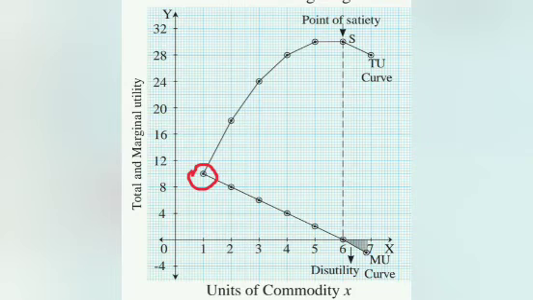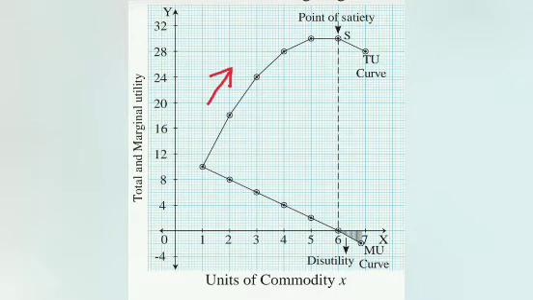That means at the initial stage, total utility and marginal utility are equal, TU is equal to MU. This is the first stage. Second, as the consumer consumes further units of X, the total utility increases at a diminishing rate and marginal utility goes on diminishing.